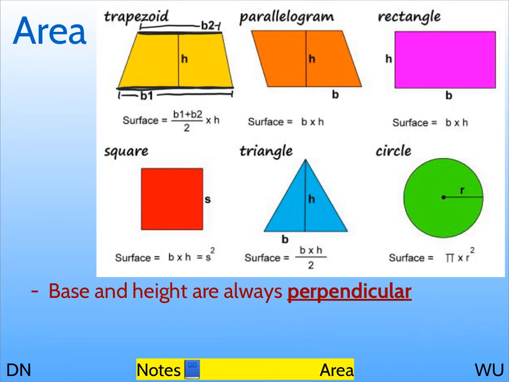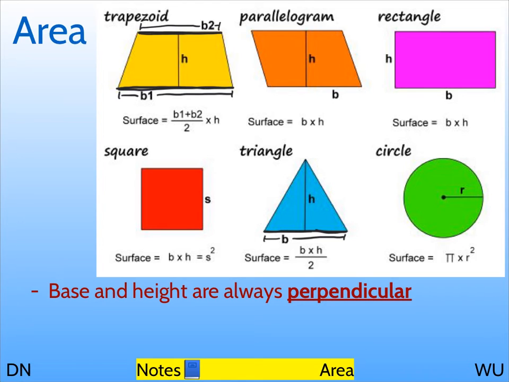Now a triangle is also base times height, but you have to divide it by 2. So remember, the base is this entire distance right here. You multiply the base times the height and then divide by 2. And then the circle is, of course, a little bit different.